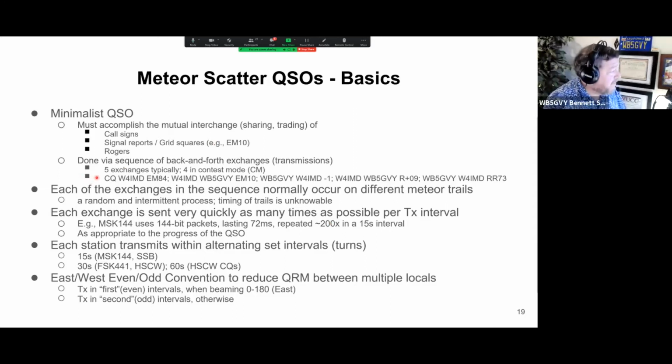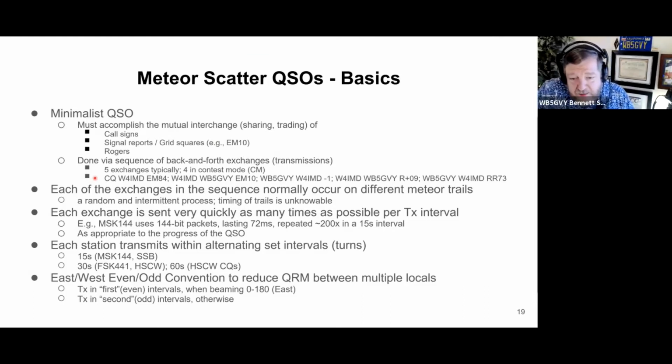Try to put the laser pointer here. This line here in very fine print, eye chart test here, shows the typical exchange that you would see. There's typically 5 done, although it's reduced to 4 in contest mode, where we've got a CQ, we've got the initial call with the first exchange of a grid square.